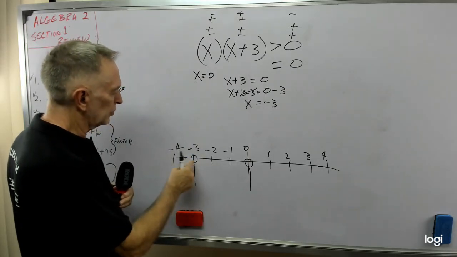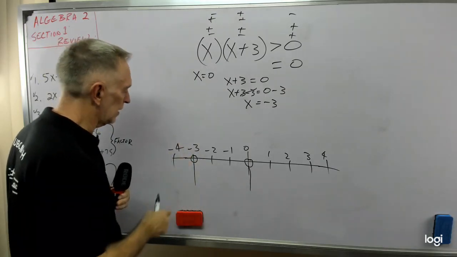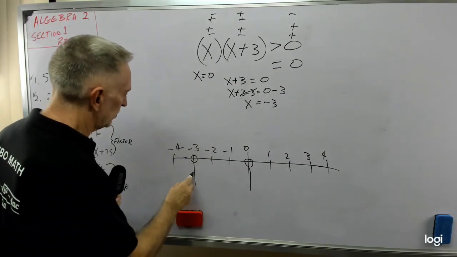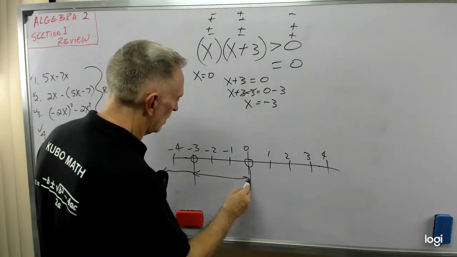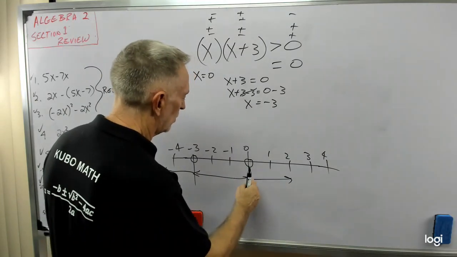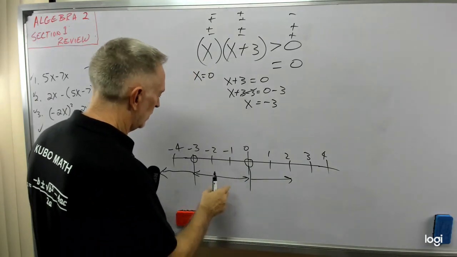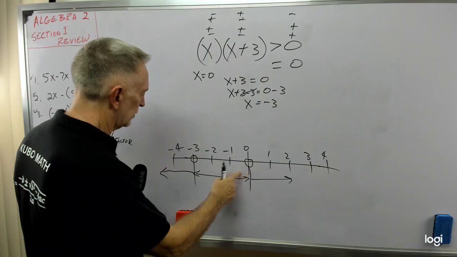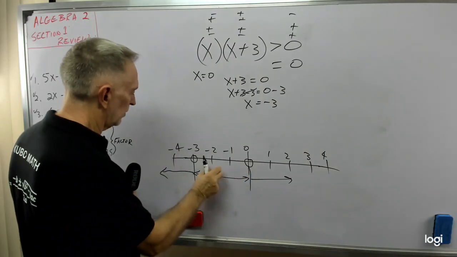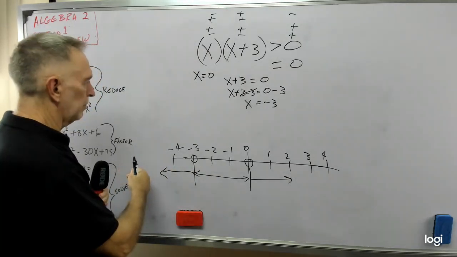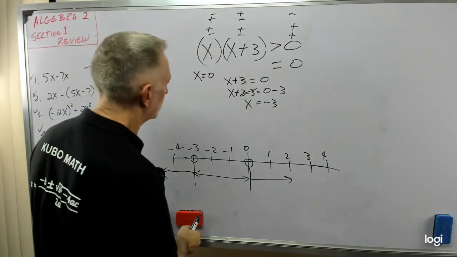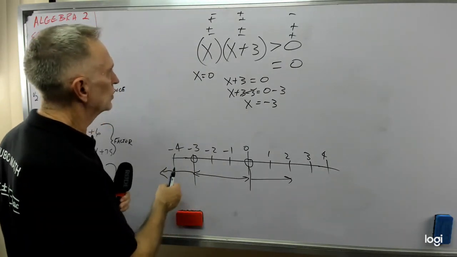It can approach negative 3, but it cannot equal that. So it tells me I have 3 regions here: greater than 0, less than 0 but greater than negative 3, and less than negative 3. So let's plug those in and see what happens.